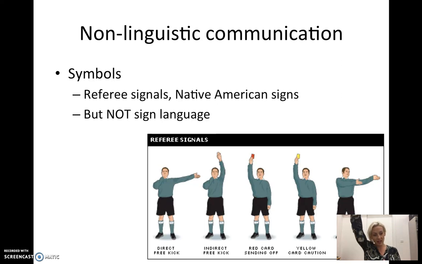And if you raise one arm, it means indirect free kick. And these are very limited. They have very strict meaning, specific to the game. And everybody who is interested in football or who plays football will know the meaning of them. So it's communication without using words.